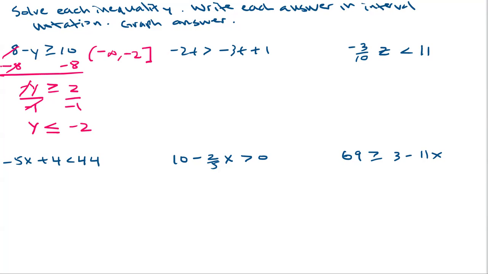And then to graph this, since the variable is on the left and the inequality is pointing to the left, you want to pick at least 2 points, one on each side. This is less than or equal to, so I'm going to fill that in.